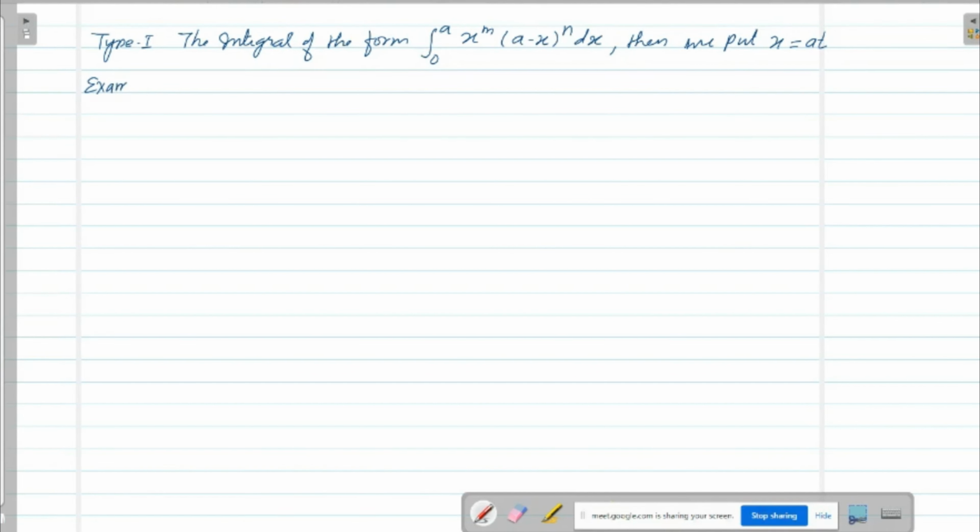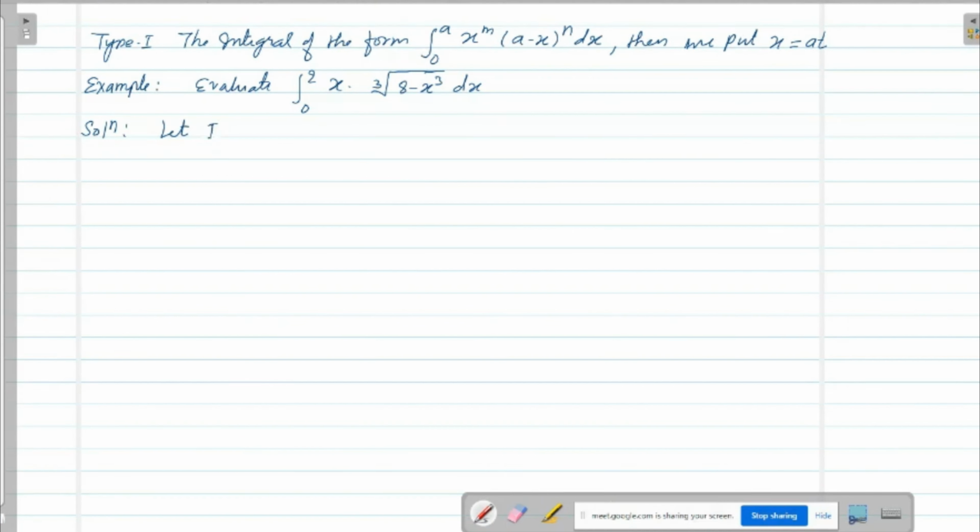Evaluate the integral of limit 0 to 2 of x into cube root of 8 minus x cube, dx. We have to evaluate this integral. Let us see how to solve this problem. Solution. We first copy the given integral.